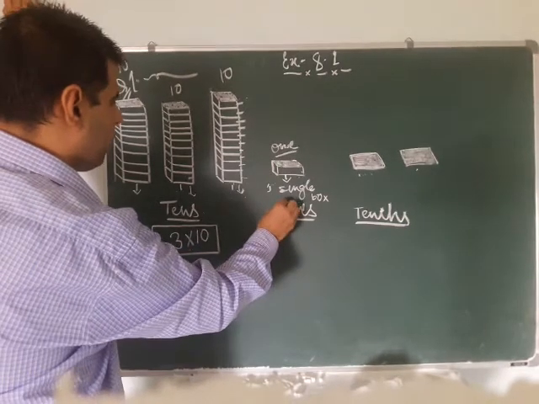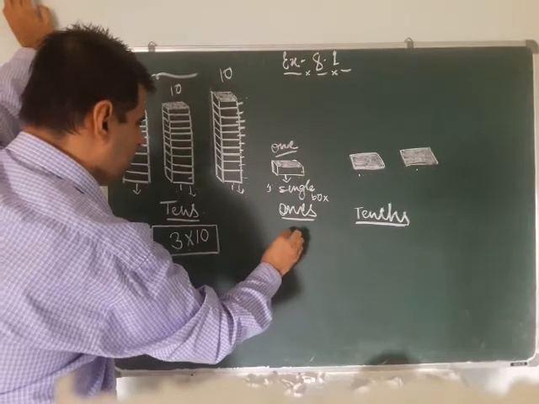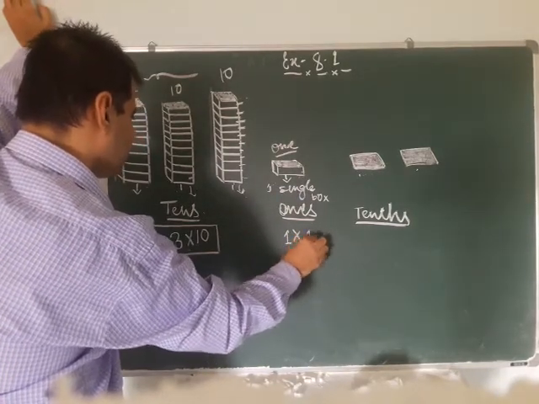Now in the case of ones, the number of boxes is only 1. So what we can write here is 1 into 1.